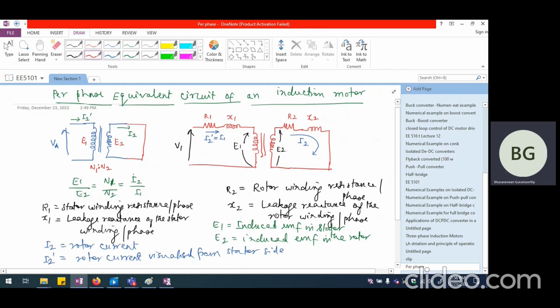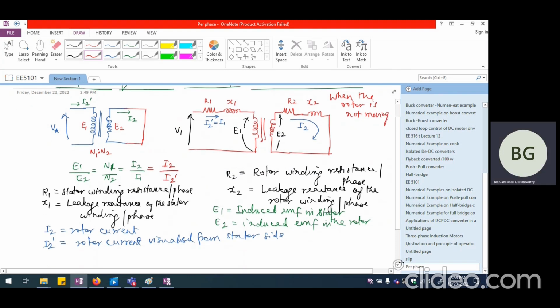So I can write this I1 as I2 dash also. Now this is when the rotor is not moving.